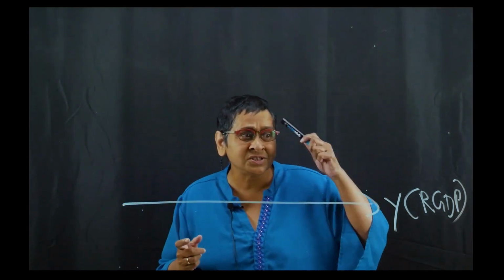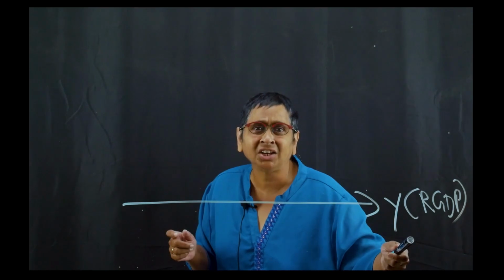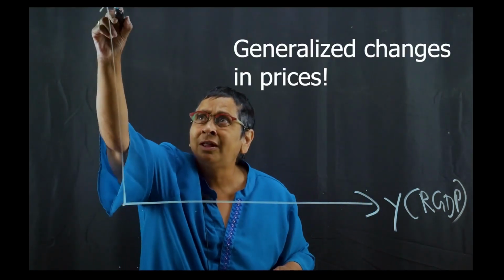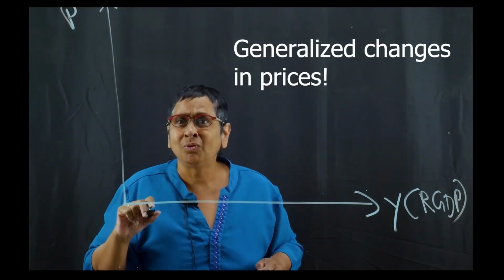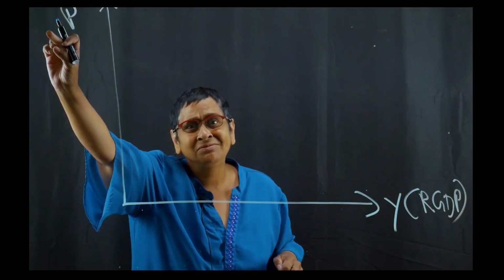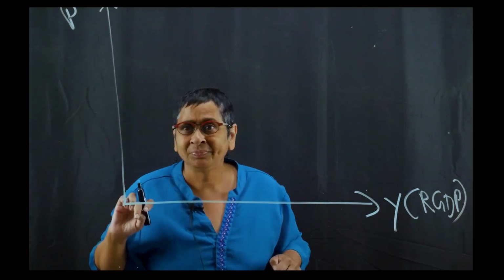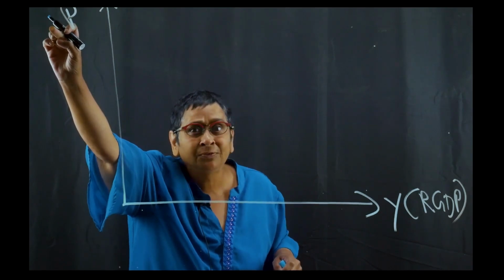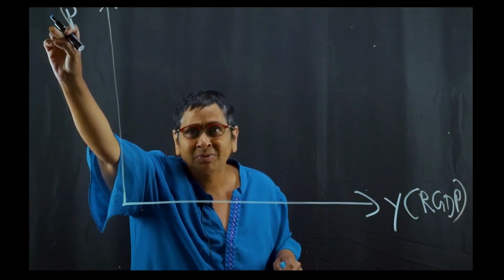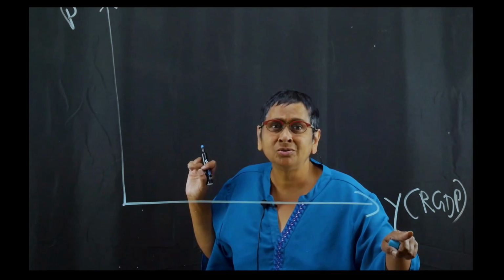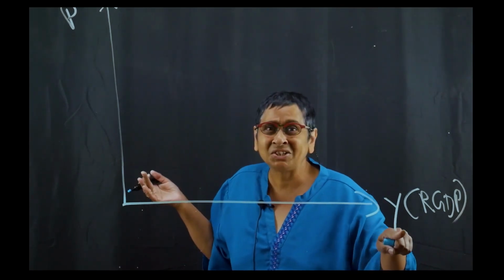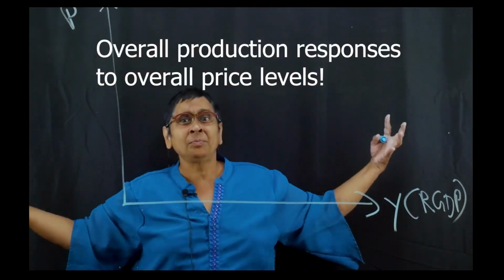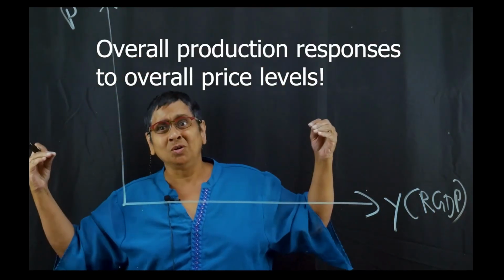And I'm interested in overall production level responses to generalized changes in prices, by which I mean the GDP deflator or CPI or something like that. All right? So the P here is a very different kind of price than price of apples. Over here, it's not Q quantity as in how many apples, it's actually our GDP, overall production. So think of this as overall production responses to overall price levels.